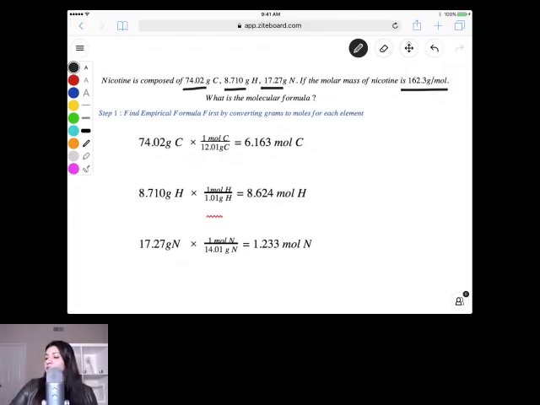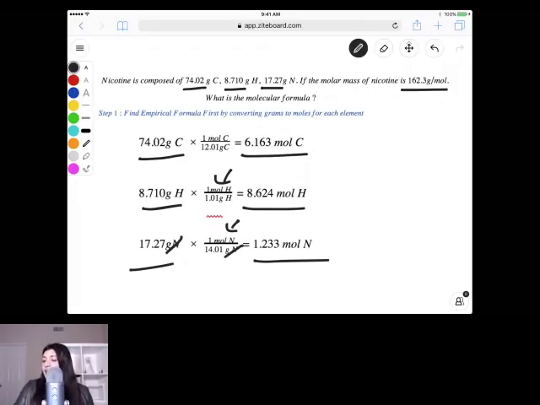So our carbon... nitrogen, grams of nitrogen cancel to give us moles of nitrogen.